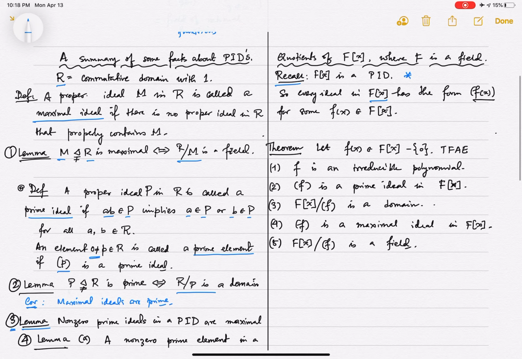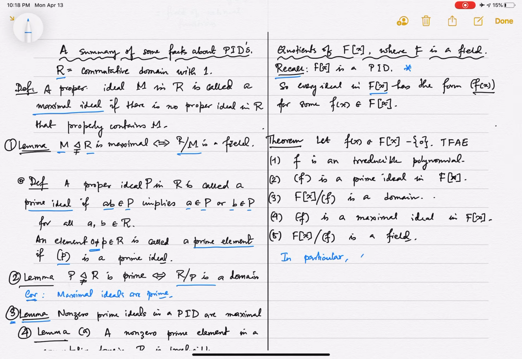So in particular, what this is saying, if you look at 1 and 5, if f is an irreducible polynomial in the one variable polynomial ring with coefficients in a field, then F[x] mod the ideal is a field.